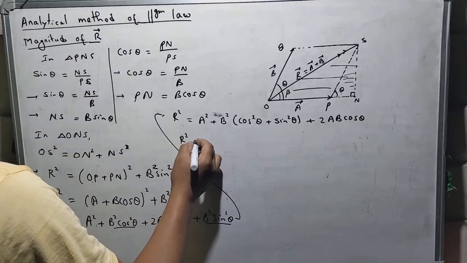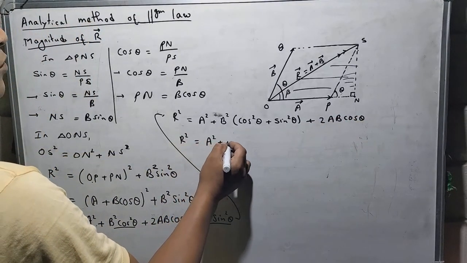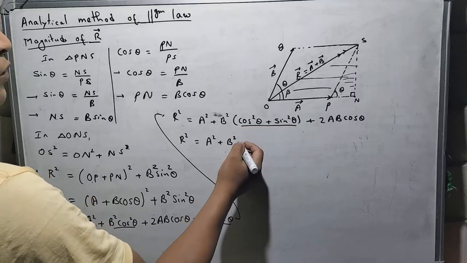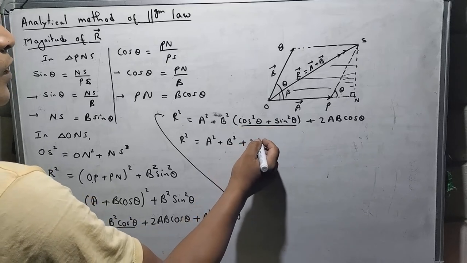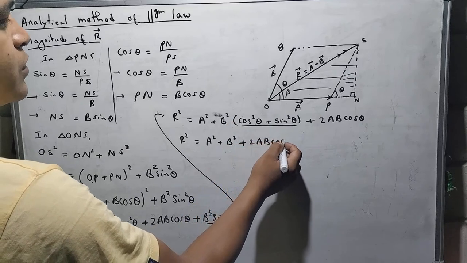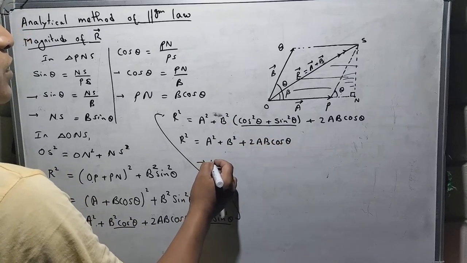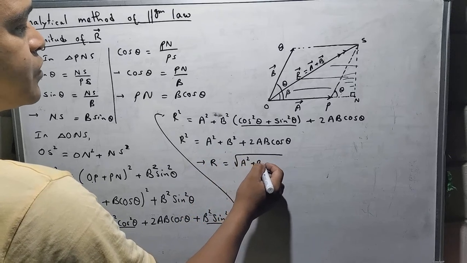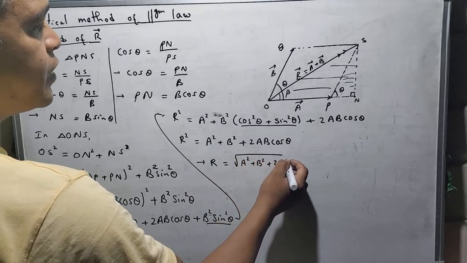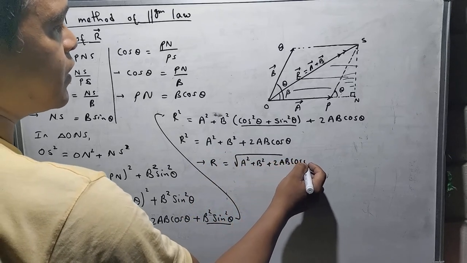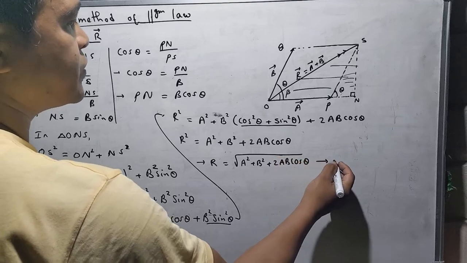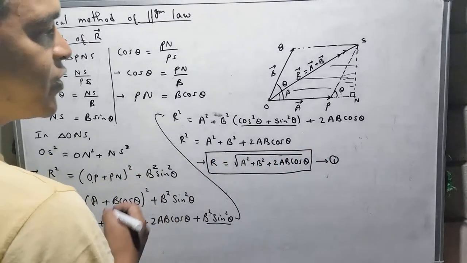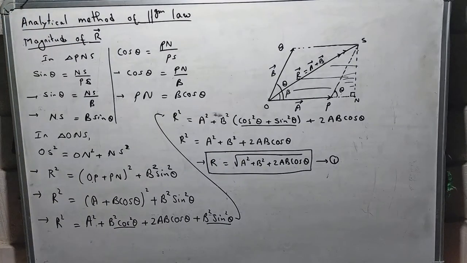Again, R square is equal to A square plus B square, and you know cos square theta plus sine square theta is equal to 1, so 1 times B square is B square, plus 2AB cos theta. Or just R is equal to root of A square plus B square plus 2AB cos theta. So this is equation 1, and this equation 1 gives you the magnitude of the resultant vector R.